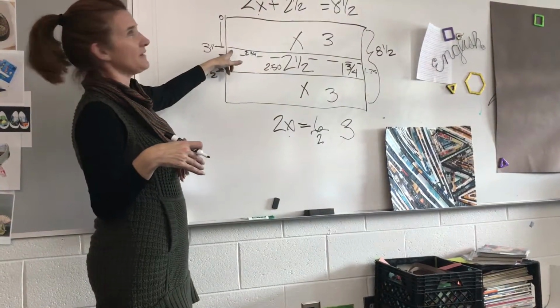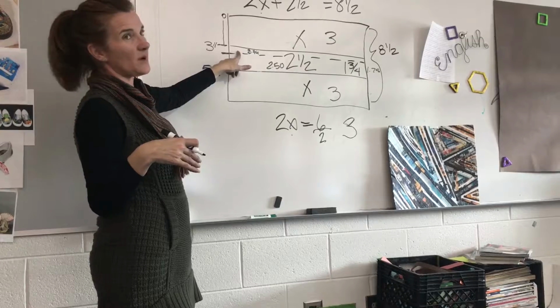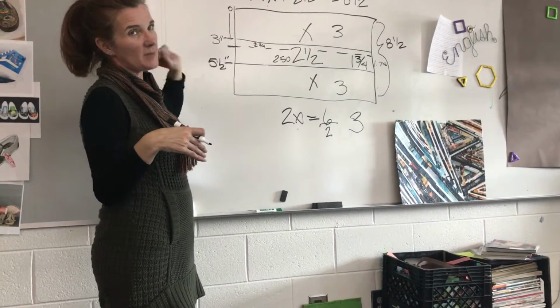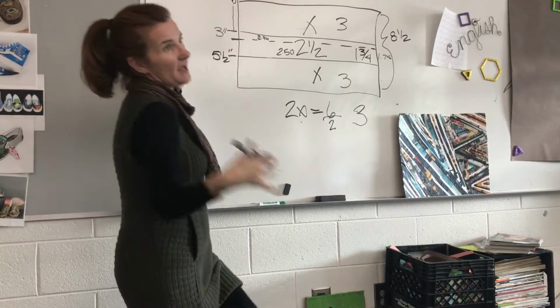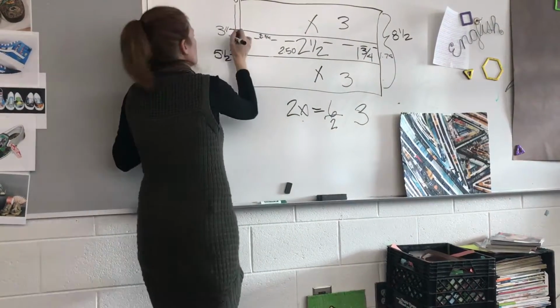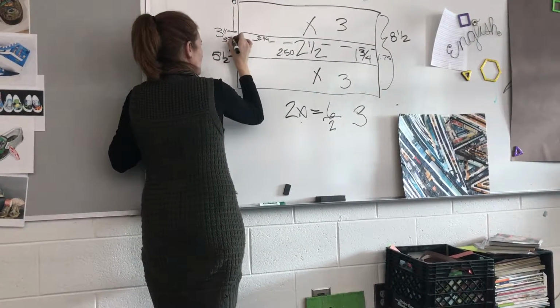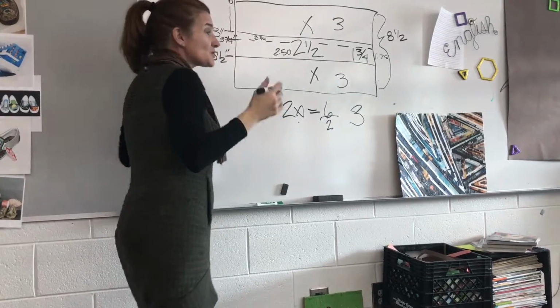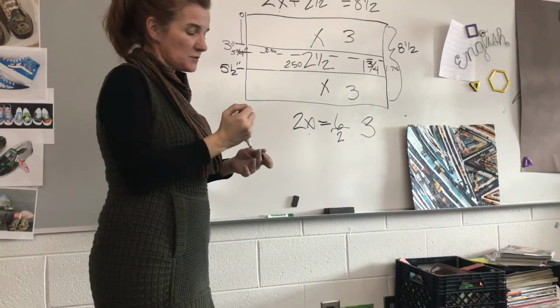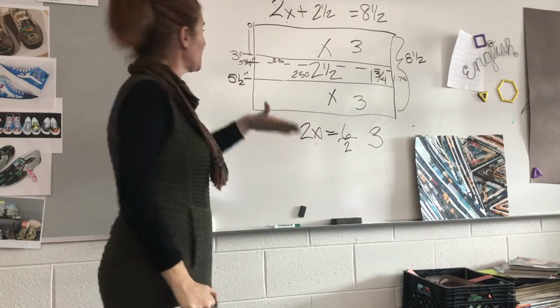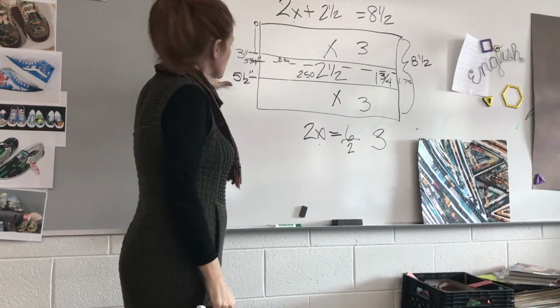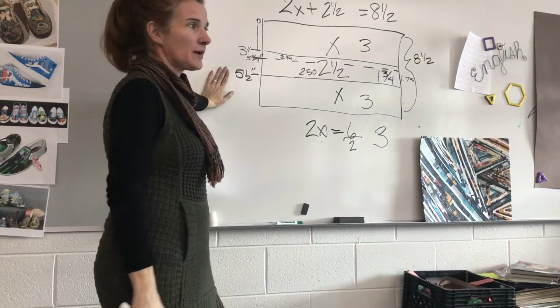If it's 3/4 of an inch away from 3, where are we going to mark it? 3 3/4, people. On the ruler. So one of the things we're going to have to be able to do is identify on multiple rulers what is 3 3/4, and what is 5 1/2.